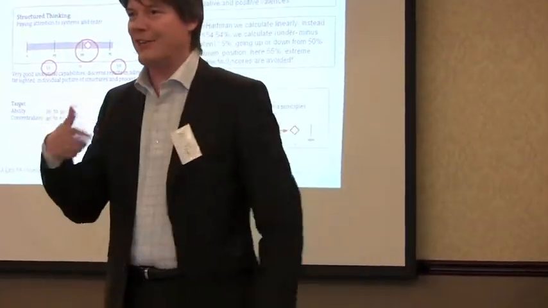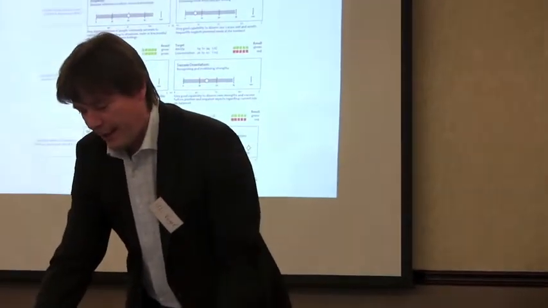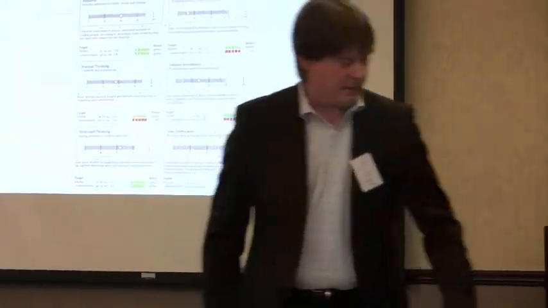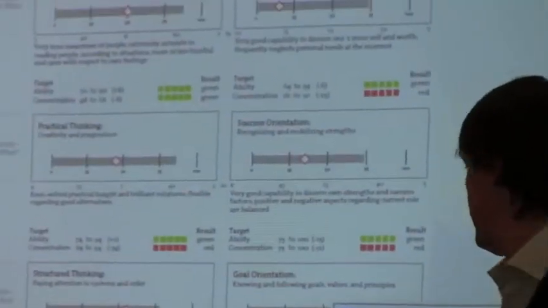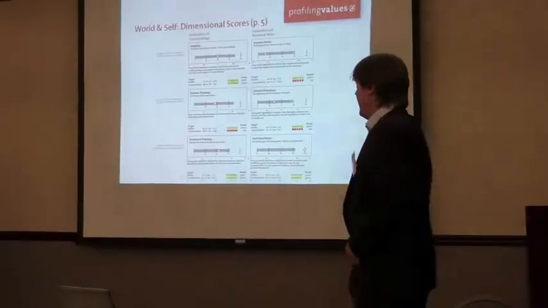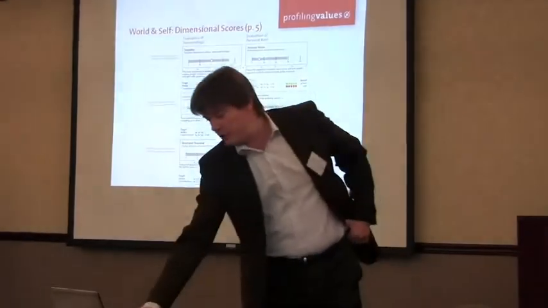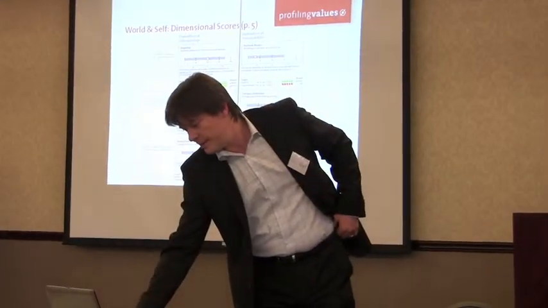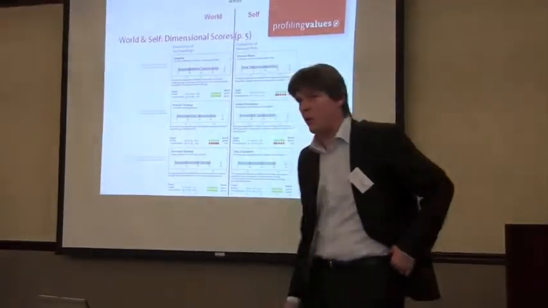So I see you get quickly familiar with it. I can go quickly further on. If you take page 5 of your sample report, you exactly find what I have here on the screen. Let's have a look at John Doe. John Doe's report is dividing his world view and his self view.